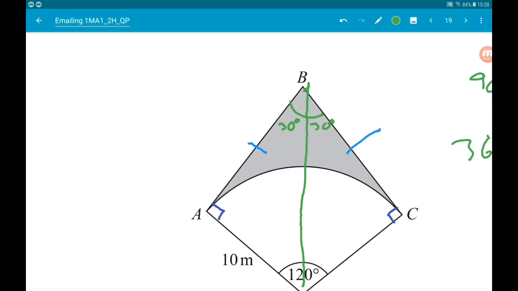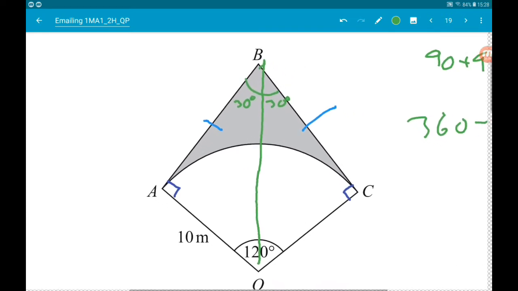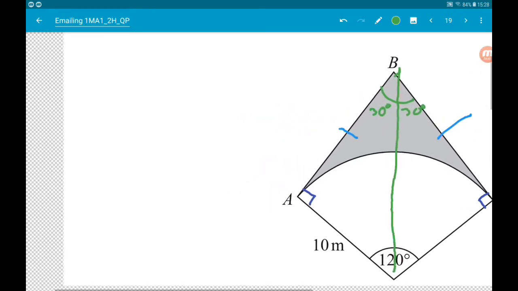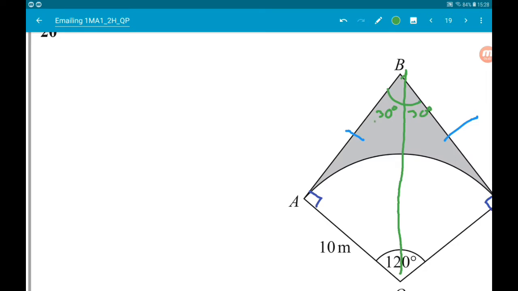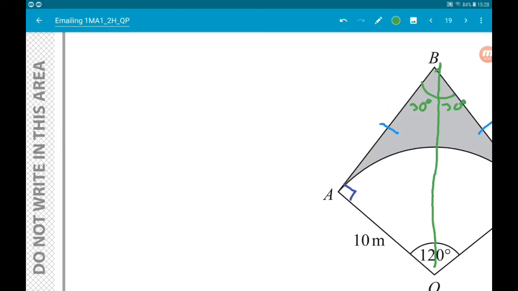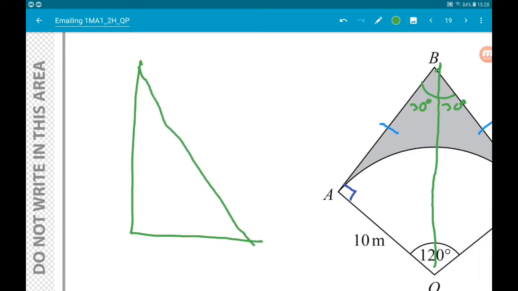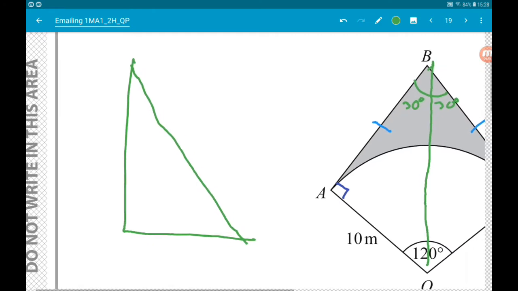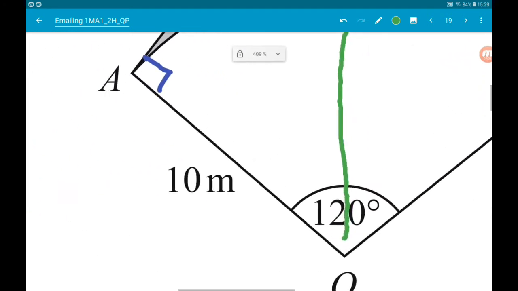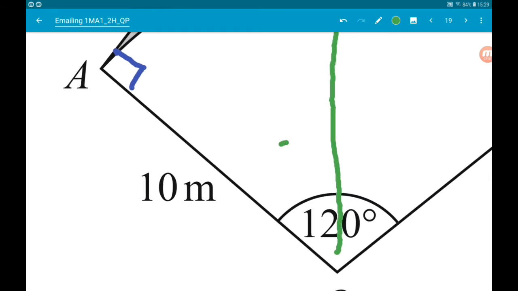So now we're in a right-angled triangle, which I'm going to make a sketch of. Okay, so I'm going to say the bottom length is 10. Now also by the symmetry, we know this angle down here would be 60.